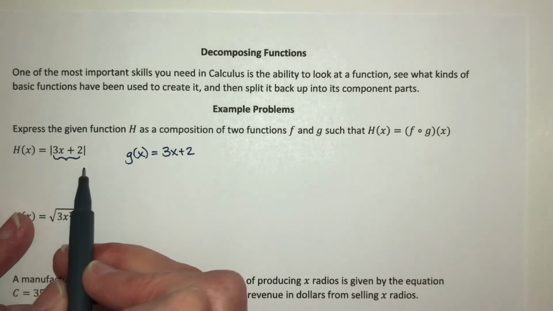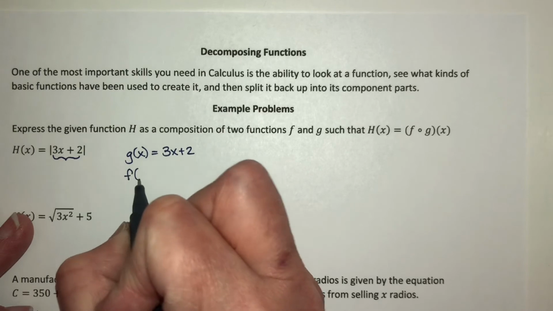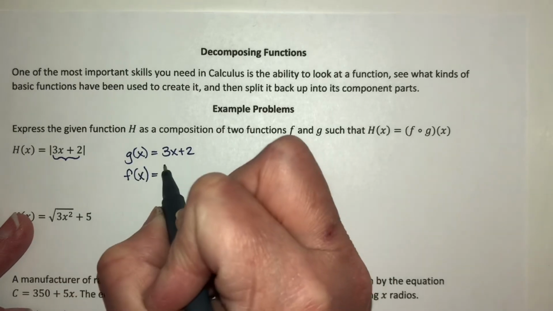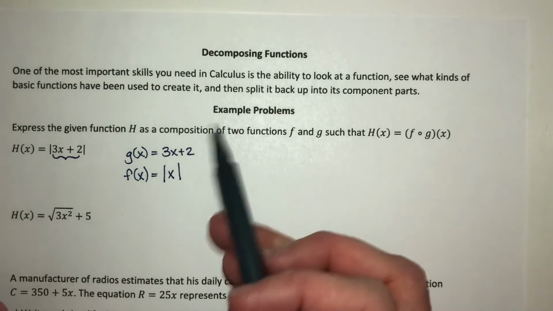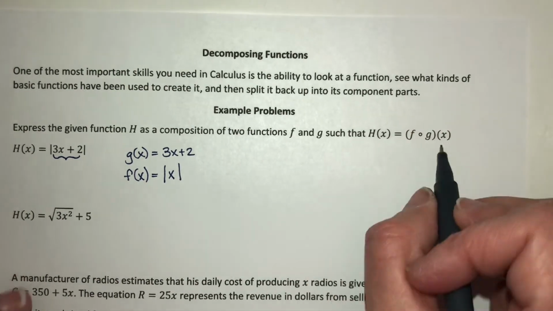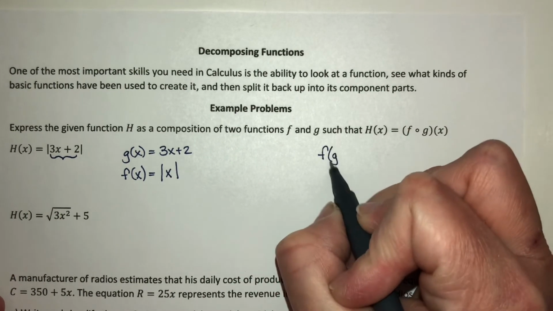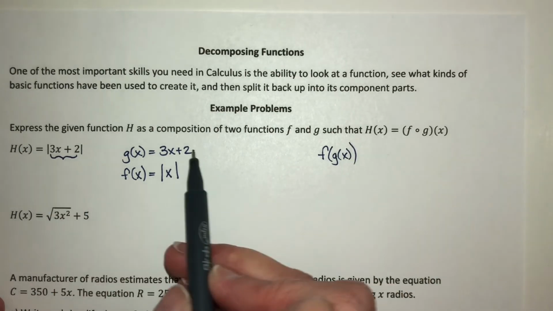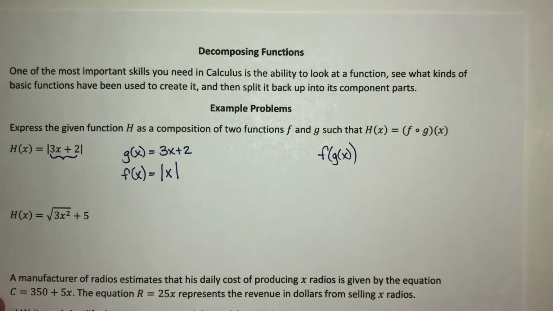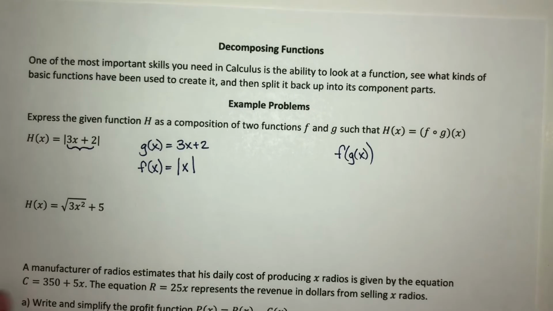The absolute value. So this would be our f of x would be simply the absolute value of x. You can double check that. If I figured f of g of x, I would be taking g of x and plugging it into f of x, and that's exactly what I have.